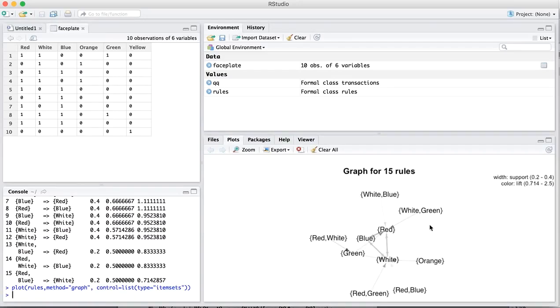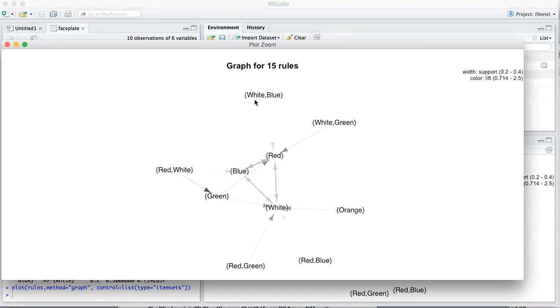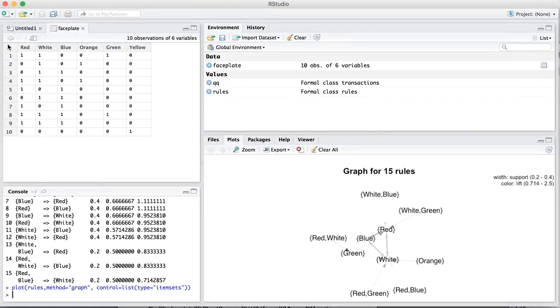So it has basically generated this particular graph. I can zoom it. White, blue implies red, and you see red implies blue, blue also implies red, red, white implies blue, so you can read it. These are the various types of rules that it has generated.